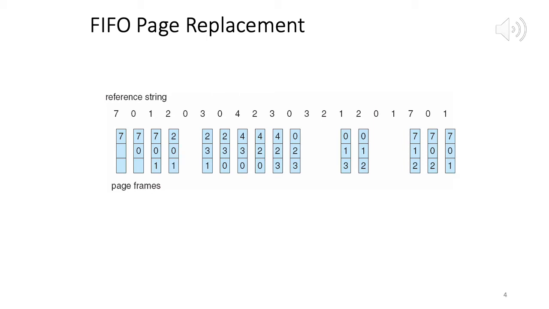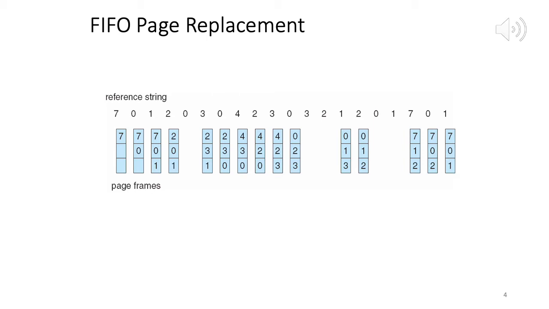Initially we don't have any pages in memory, which means the first access for page 7 will lead to a page fault. Now 7 is in memory, mapped to a frame. Note for simplicity we are not giving a number to frames, though if you want we can: frame 0, frame 1, frame 2.